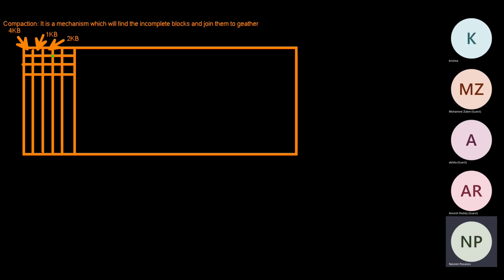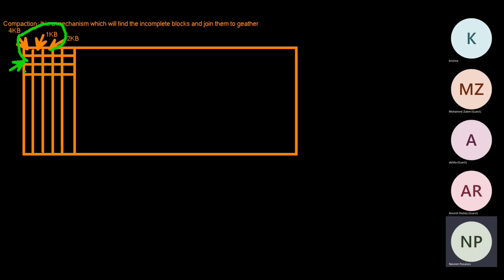Okay, this is how compaction will work. Now I have a 2 KB block, right? It will scan and find if there is any other 2 KB block. If it finds another 2 KB block, it will merge these 2 KB blocks together and make a 4 KB block, so that I'll get 4 KB of space released. The same way, here it found a 1 KB block.